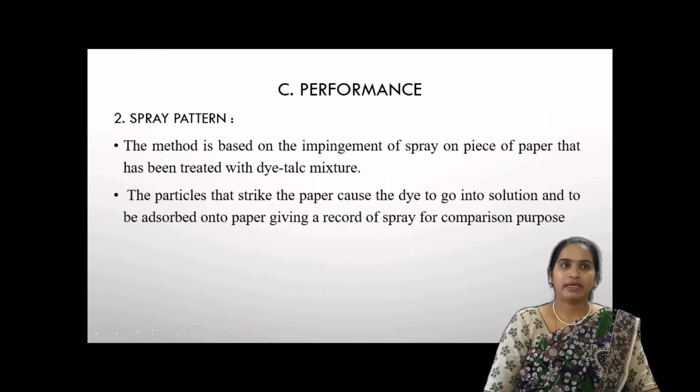Next, spray pattern. The method is based on the impingement of spray on a piece of paper that has been pre-treated with a dye-talc mixture. The particles that strike the paper cause the dye to go into solution and to be absorbed onto the paper, giving a record of the spray for comparison purposes.